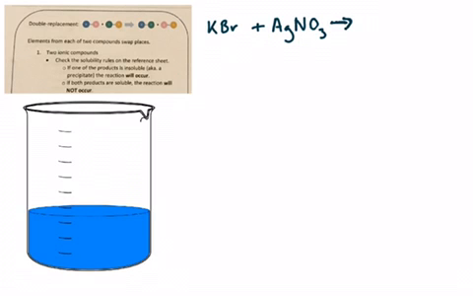Alright, so the first type of double replacement reaction that we're going to talk about is when two ionic compounds come together. The first thing that's important to realize is what happens to ionic compounds when they're placed in water. Because when these compounds are mixed, they're going to be in solution, in other words, dissolved in water.